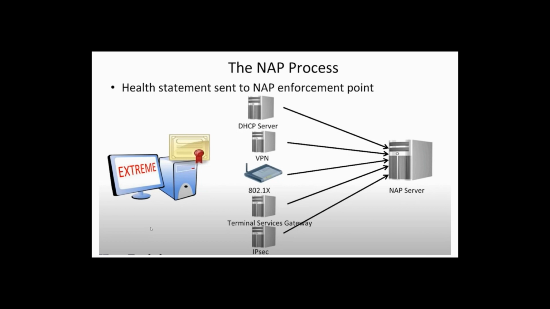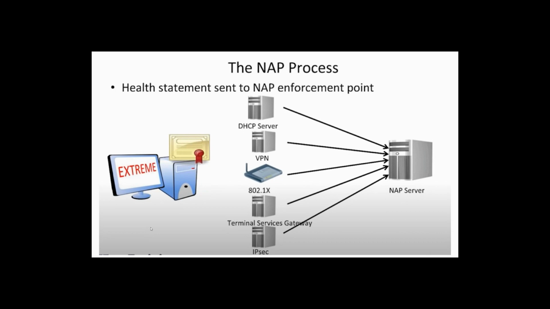And I do want to explain what enforcement point means. Can anybody tell me what we mean by a network access protection enforcement point? What does enforcement point mean after I explained the DHCP server as an enforcement point? True. So an enforcement point is an entity inside the network where you can control who can access your network.